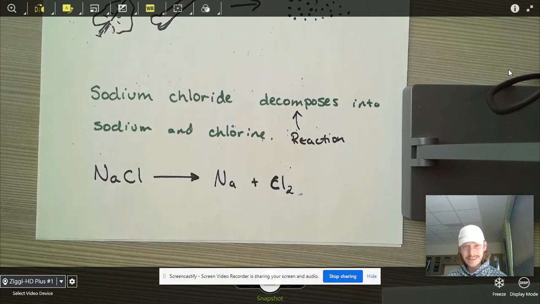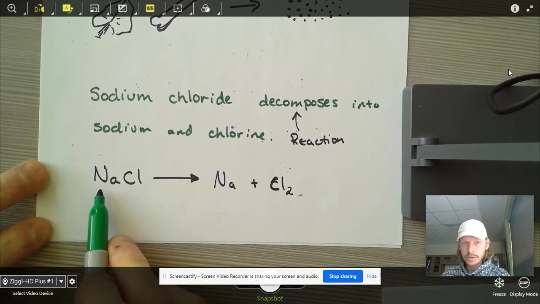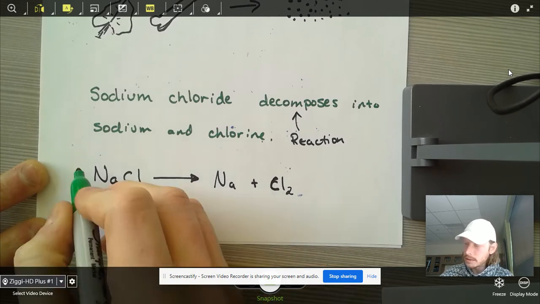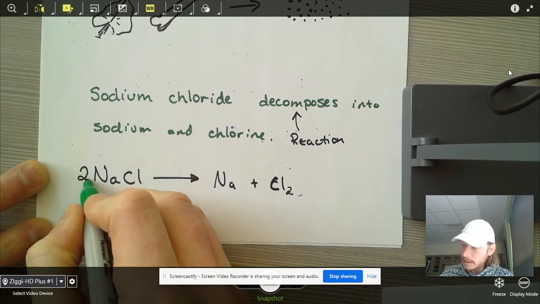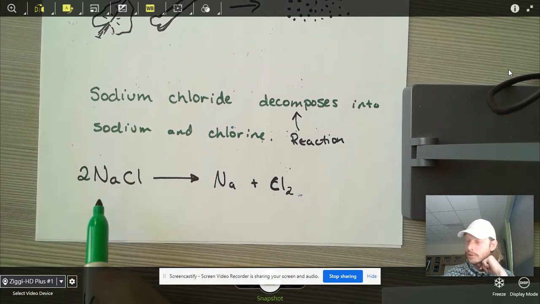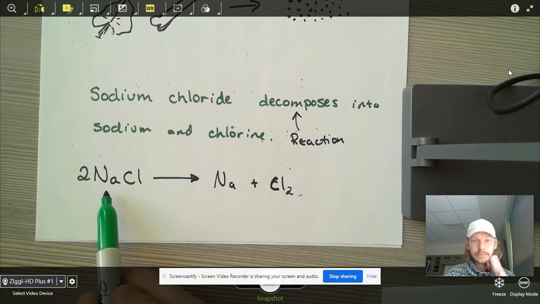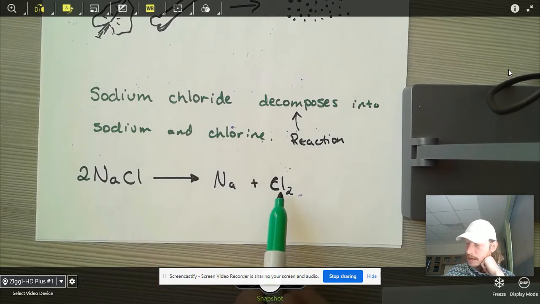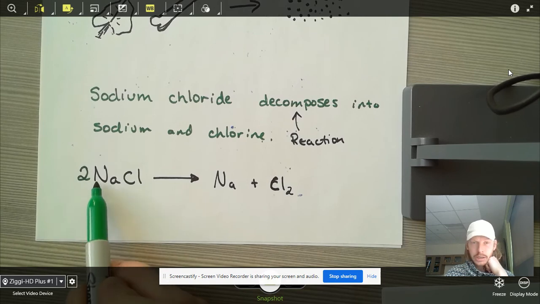So are we done? Not quite, because what we'll see is it's not balanced, right? We have one sodium and one sodium, but now we have one chlorine and two chlorines. So I'm going to need to put two groups of NaCl. That means I'm changing the Cl to match, but I'm also changing the Na.